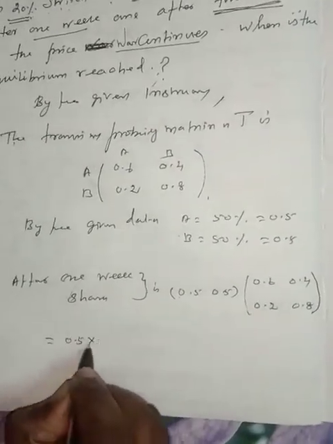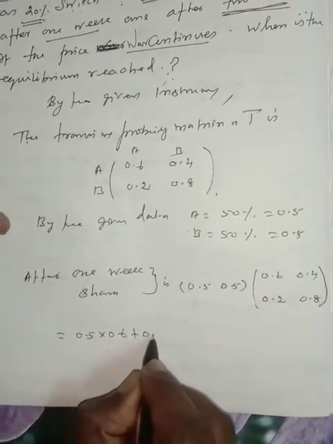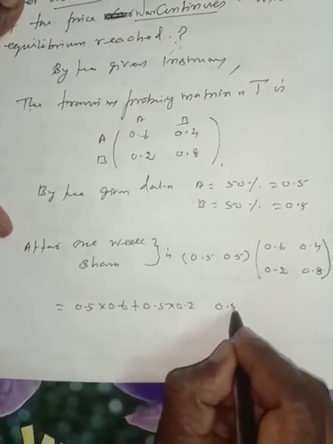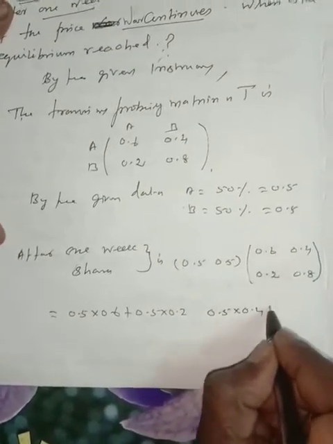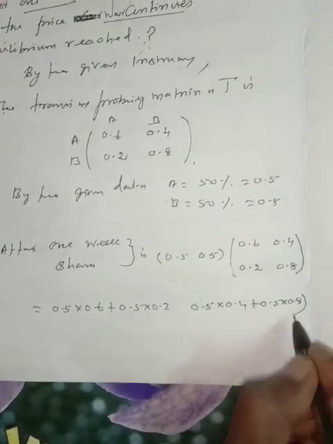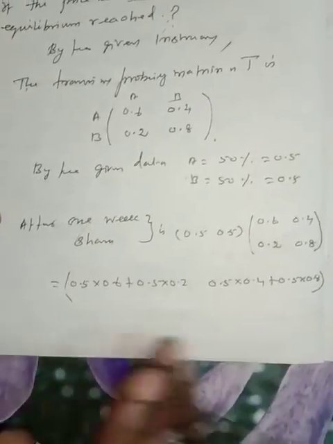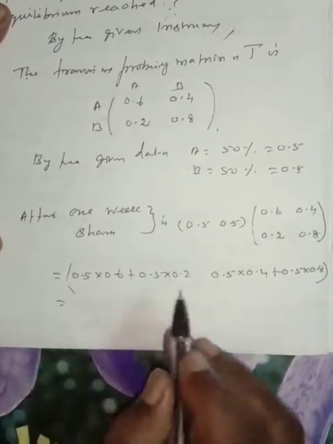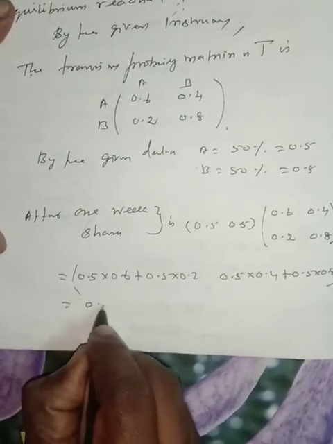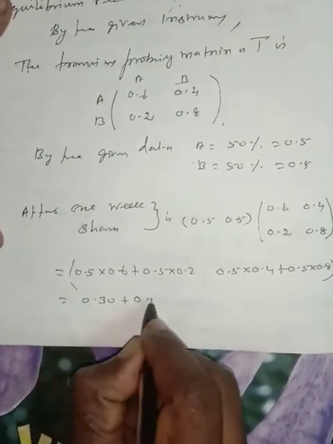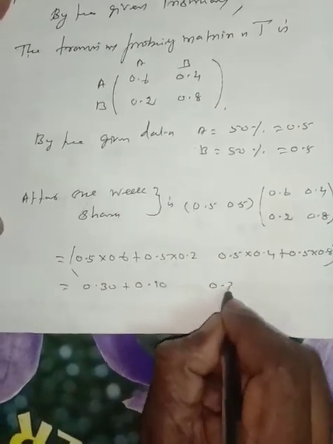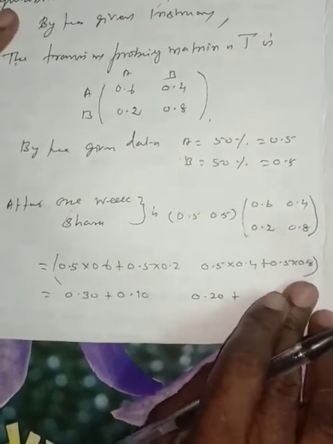is equal to 0.5 into 0.6 plus 0.5 into 0.2, next 0.5 into 0.4 plus 0.5 into 0.8, which is equal to 0.30 plus 0.10, 0.20 plus 0.40.